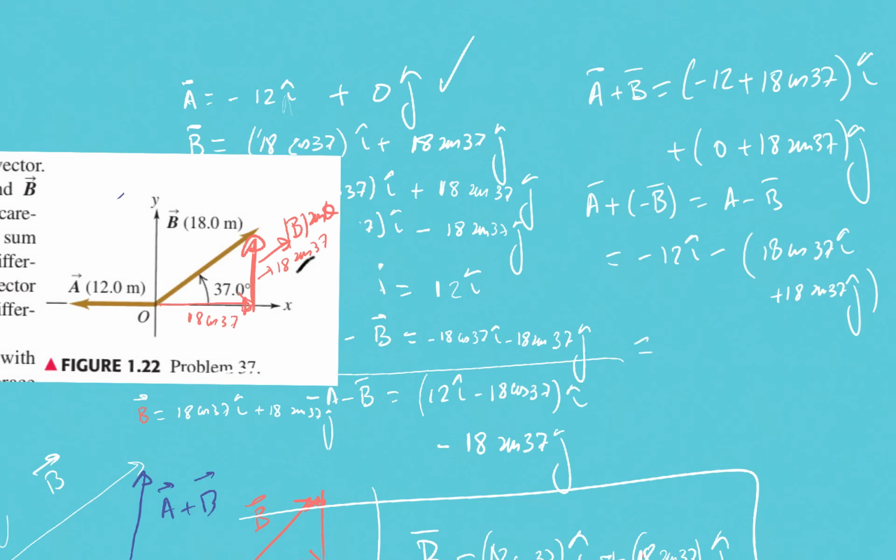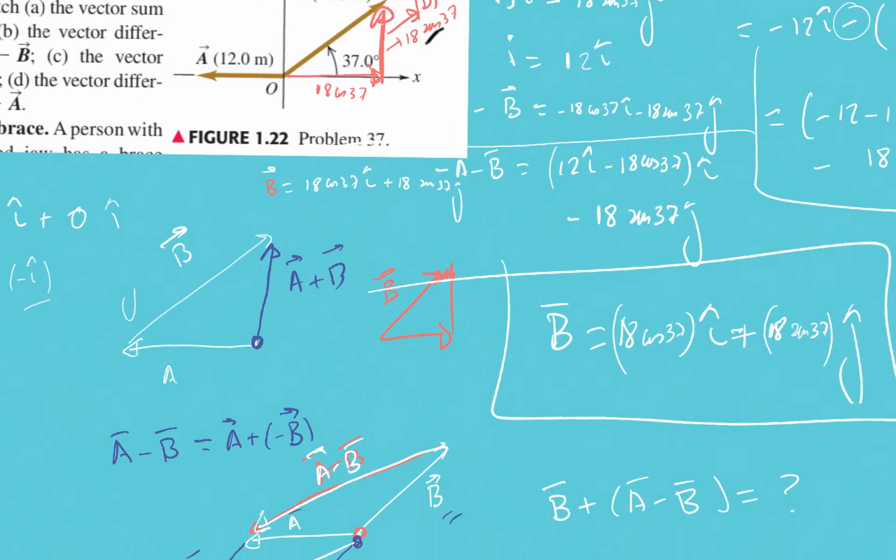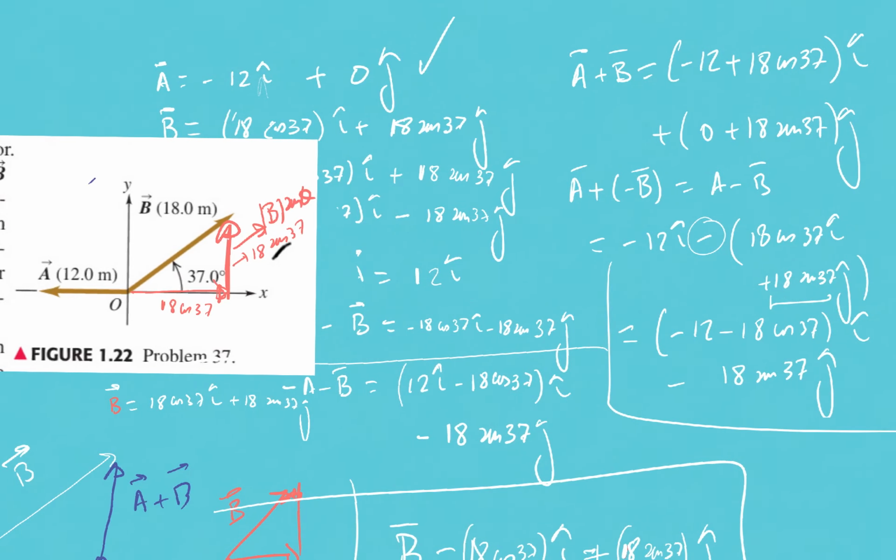So it will be minus 12 minus 18 cosine 37 in the i direction, and this minus converts this amount into minus 18 sine 37 in the j direction. And this will be the result. Sorry that it looks a little bit confused, but this kind of calculation is easy to do. They are not complicated at all.